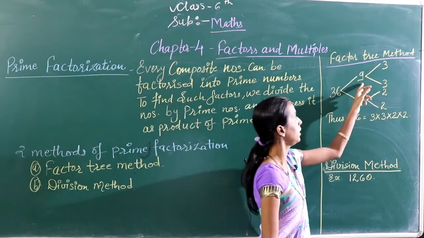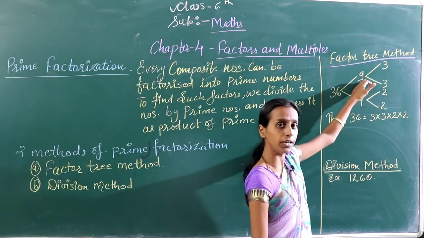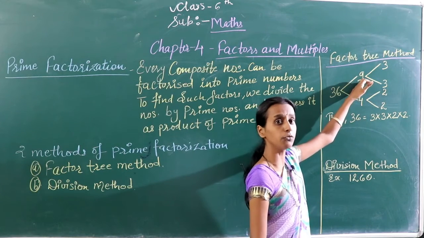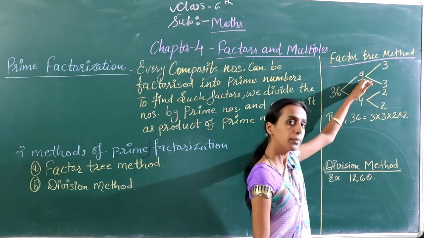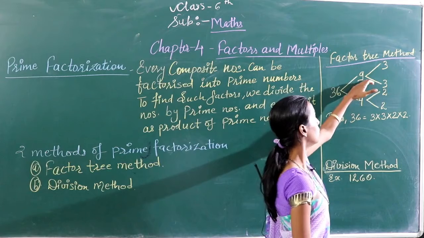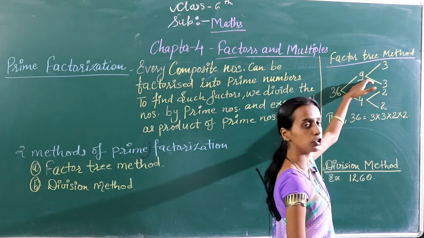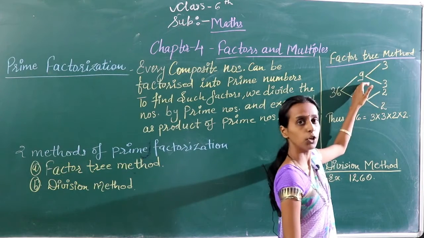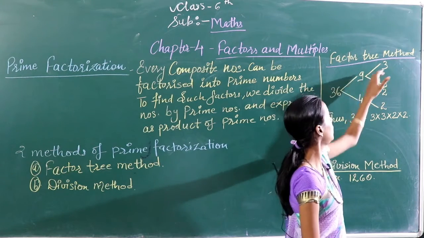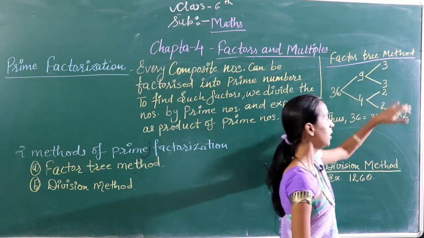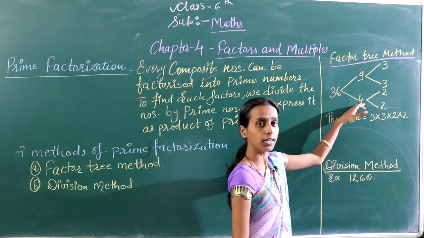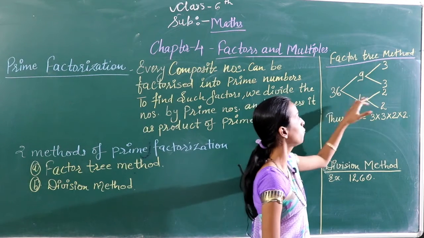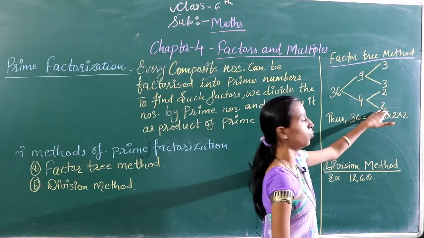Again, this 9 is not a prime number, and in prime factorization we have to continue until we get prime numbers. So 9 will come in which table? 3 into 3, 3 3s are 9. So what are the factors of 9? 3 and 3. Here we get 4. What are the prime factors of 4? 2 and 2.